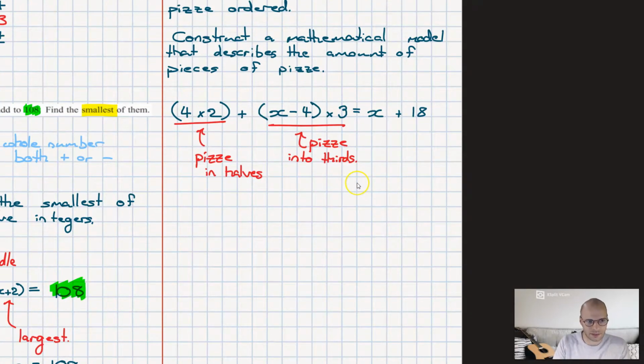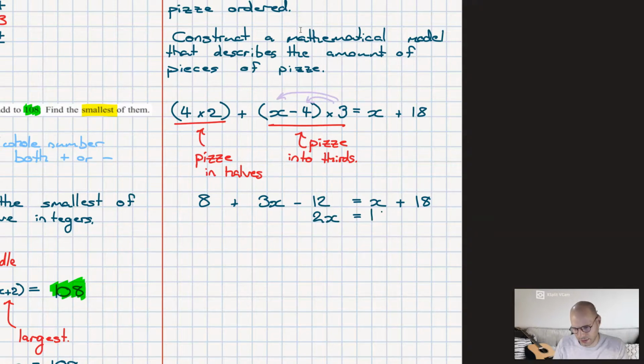Now solving this, we are going to expand the brackets. So we'll get 8 plus, not X minus 4, we're going to get 3 and minus 4 like that. So we've got to expand inwards. So we're going to get 3x minus 12. That's equal to x plus 18. Now solving, the variables have to go on the left. So we're going to get 2x.